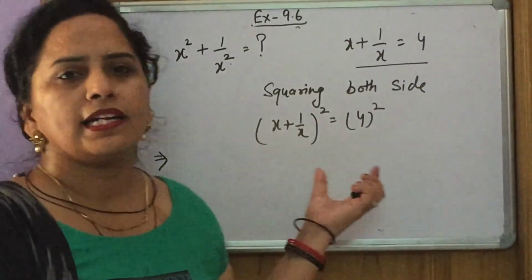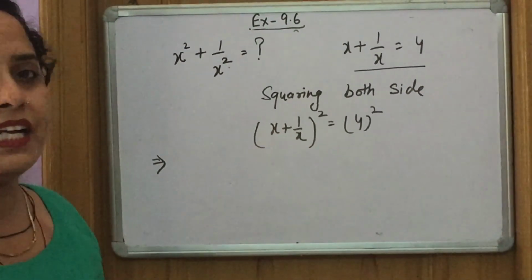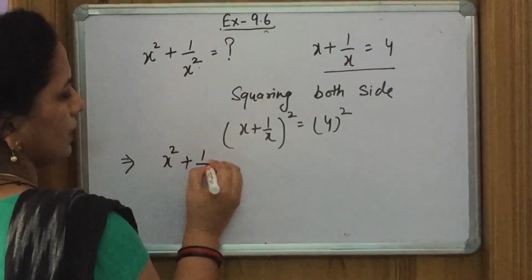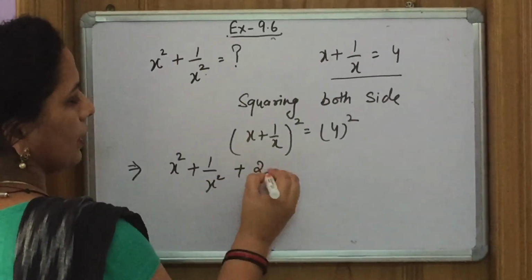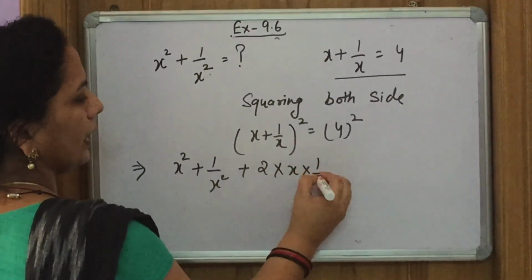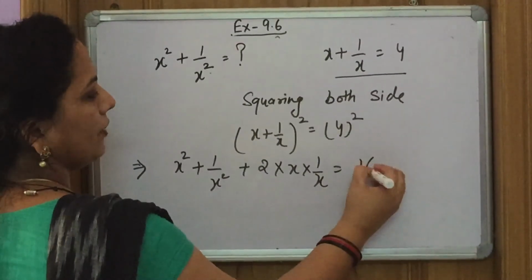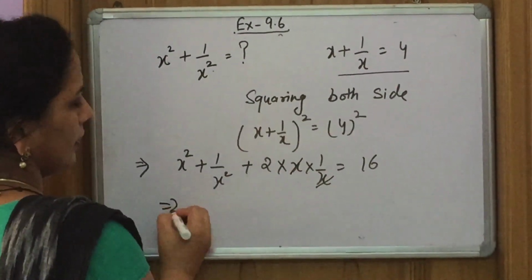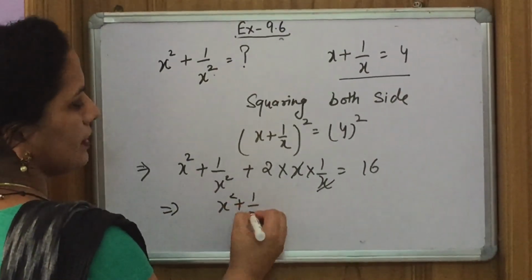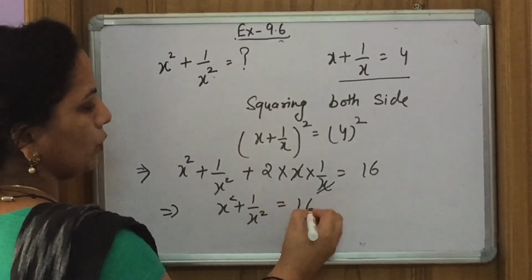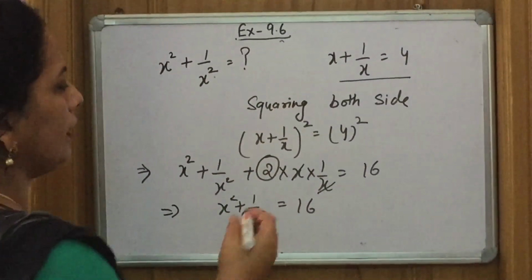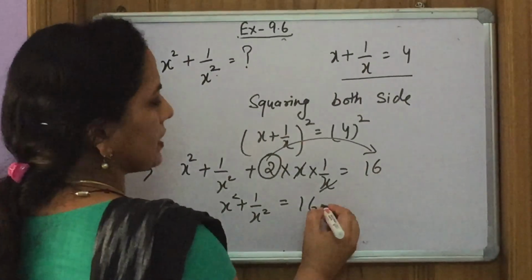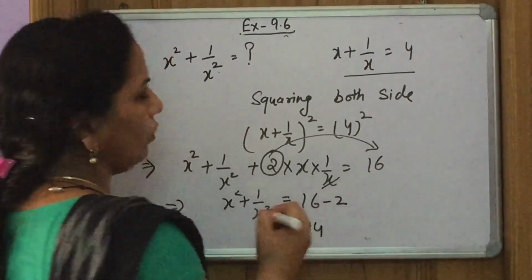Here we will use the identity of addition, (a plus b) whole square, which is equal to a square plus b square plus 2ab, and on the right hand side we have 16. We can cancel the terms: x square plus 1 by x square plus 2 is equal to 16. Here 2 is remaining. We can transpose the constant term to the second side. 16 minus 2, which is equal to 14.